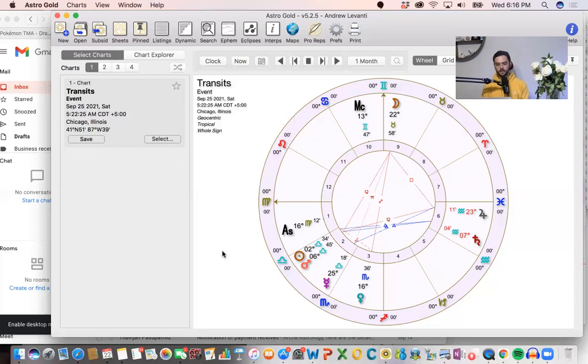So take a moment and consider, which houses do Venus and Jupiter rule? Okay, so we've got Jupiter. Jupiter rules the 7th, Pisces, and the 4th, Sag, right? And then we've got Venus.